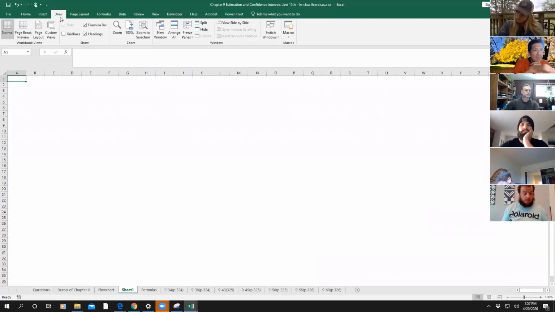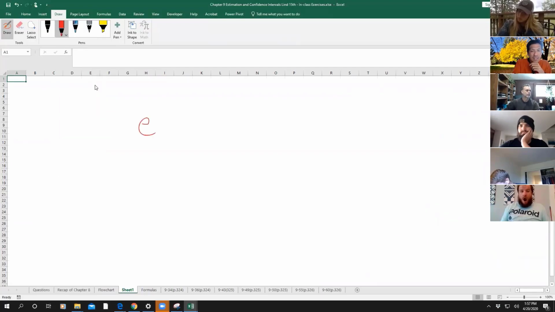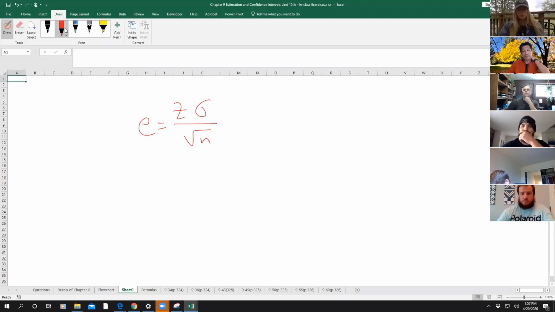So I'm going to recreate the formula for the margin of error: E equals Z times sigma over the square root of n. Let me explain what the Z is.